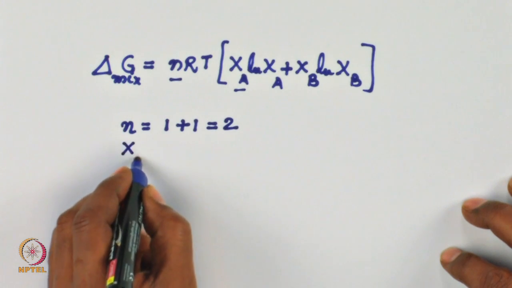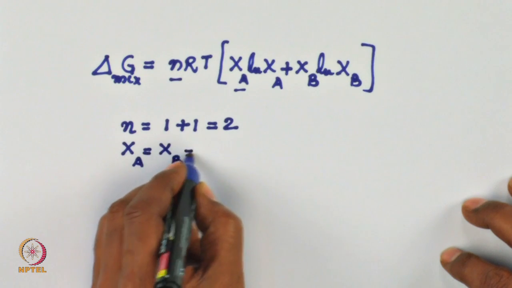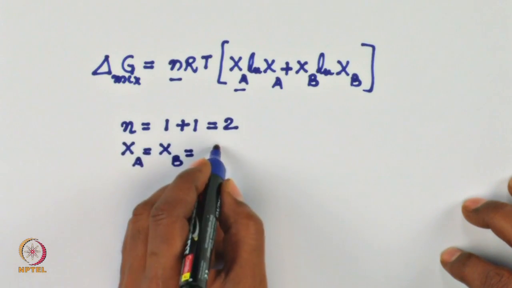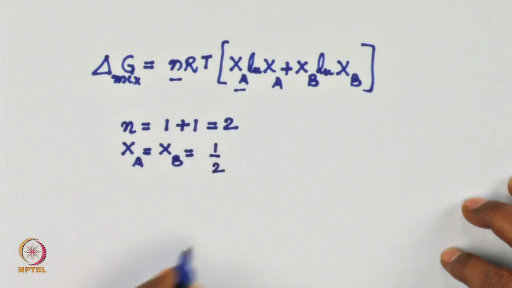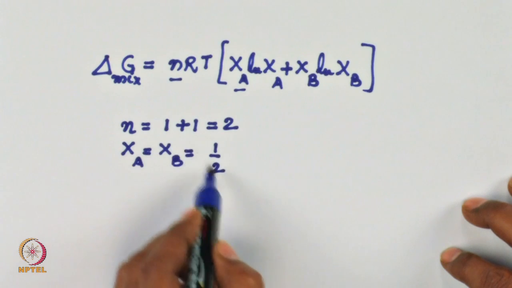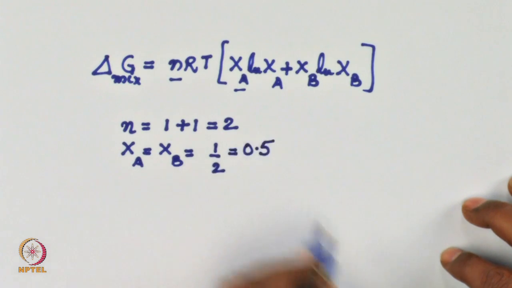Therefore, X A and X B are going to be equal, because the number of moles is equal: 1/2. Mole fraction is the number of moles of each divided by the total number of moles, which is equal to 0.5.